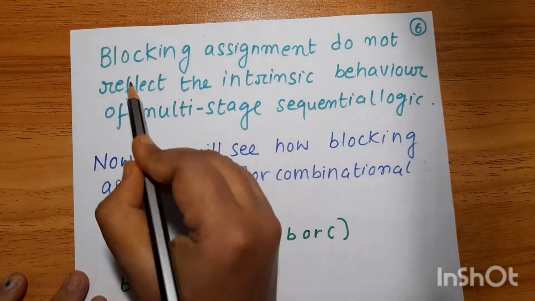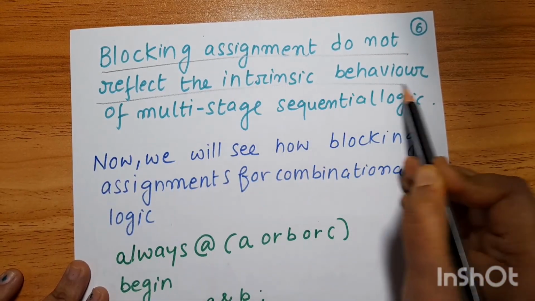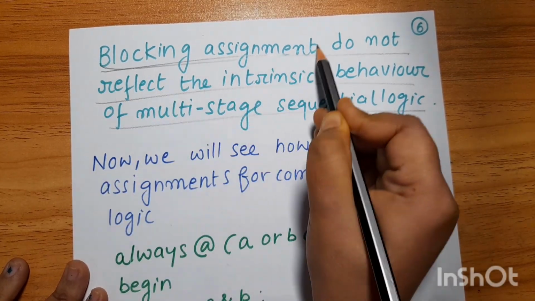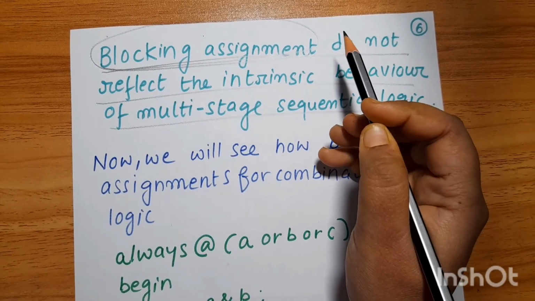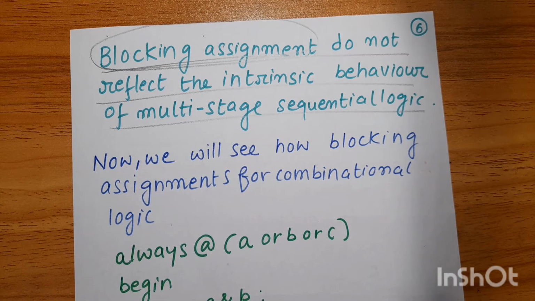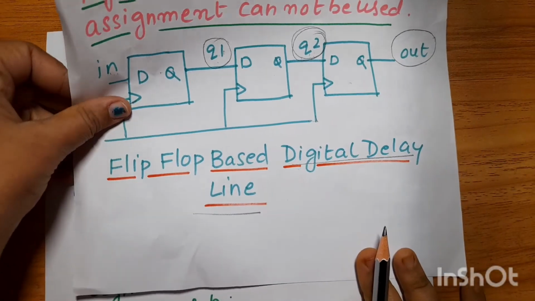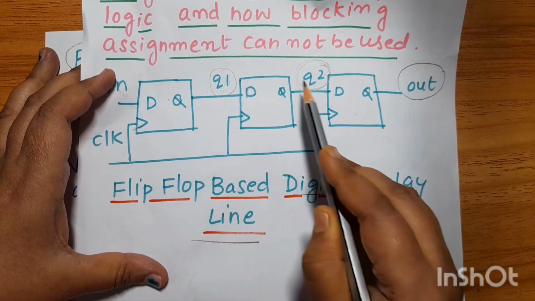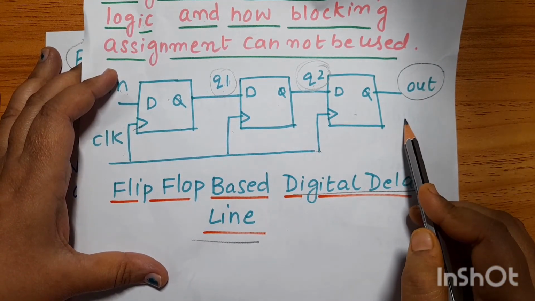Blocking assignments do not reflect the intrinsic behavior of multi-stage sequential logic. Means with blocking assignment we cannot reflect the internal behavior of sequential logic, how we expect it to work. For the flip-flop based digital delay line, for every clock Q1 is updated, Q2 is updated, out is updated.